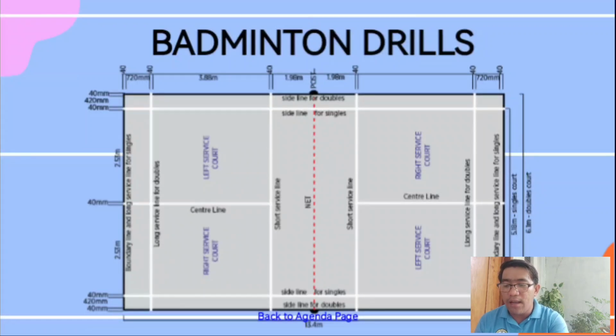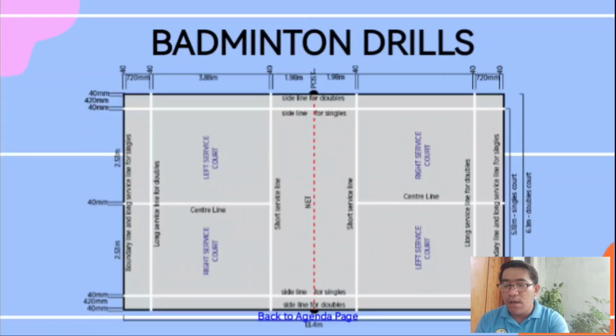Okay, from the long service line to the short line ng ating badminton, ng ating single, should be 3.88 meter. Okay, 3.88 meter. Kapag binuo naman natin yan from the short service to long service for double, magiging 720 millimeter.